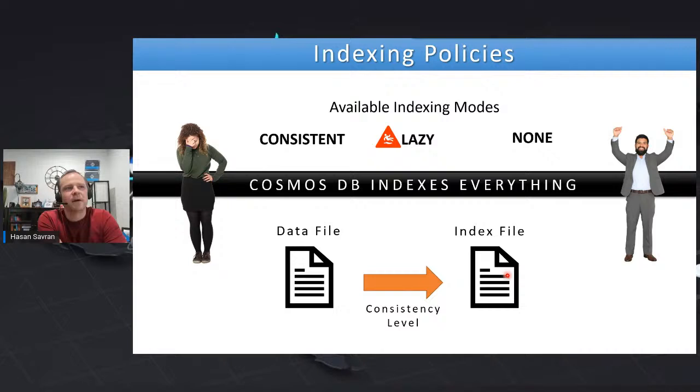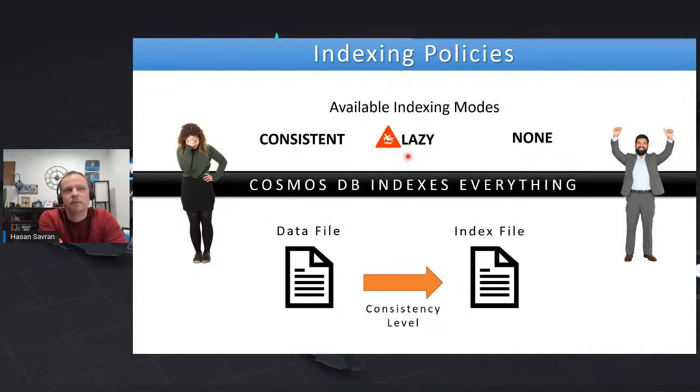If your index file is up to date with data, then you're going to return the right data and the right amount of data. That's what consistent does. When data changes, it immediately changes the index file.